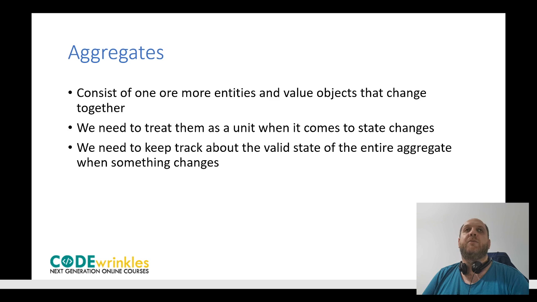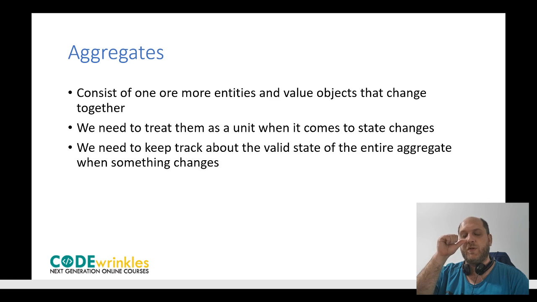And then when we think about changes, what does this mean? When something changes to the user, maybe at the name level, will this change in any way affect all the other parts that the user consists of?